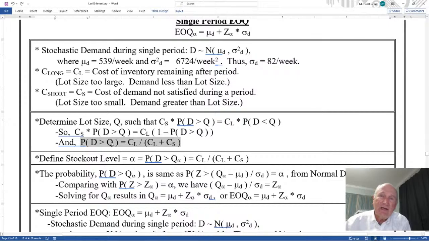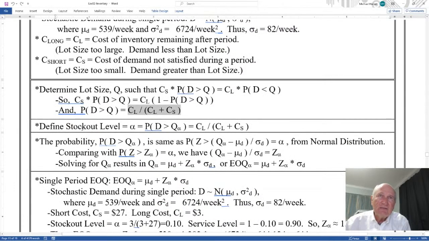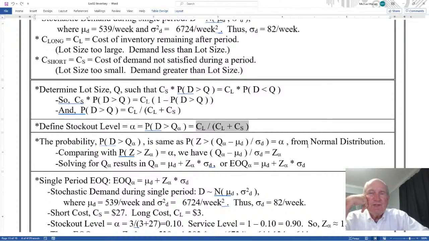That's the same as my stock out level. So remember, you're stocking out when your demand is more than your lot size. And that's this ratio of my long and short costs. So I'll define my stock out level, alpha, as my demand greater than my Q, but then that Q I'm going to calculate is such that the probability equals this ratio, and that's my optimal. So my break even then is where I have my optimal lot size Q. For single period, you're ordering one time, so there is no ROP. You're just looking at your Q, and that's all.